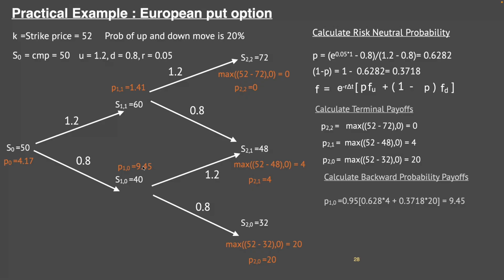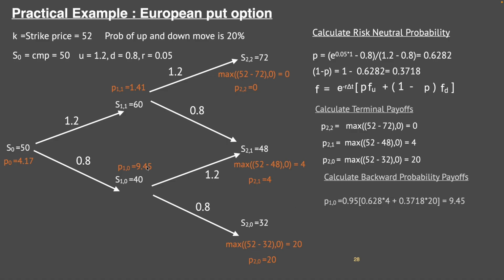The option value during the up move is P21 or F21, into the probability, which is 0.6282, plus the option value when the down move has happened, which is 20, into the probability of its occurrence, which is 0.3718.